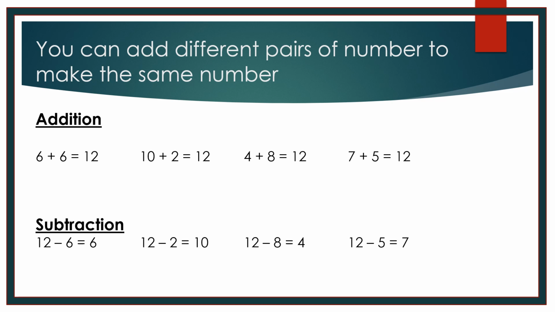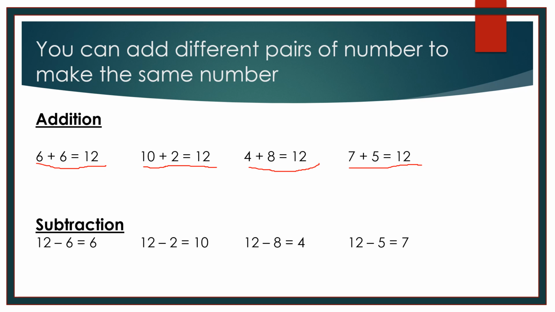Here, for your example, I have given you 6 plus 6 is 12. 10 plus 2 is also 12. 4 plus 8 is also 12. 7 plus 5 is again 12. I am taking different pairs of numbers and yet my answer is 12. Sounds good, right?